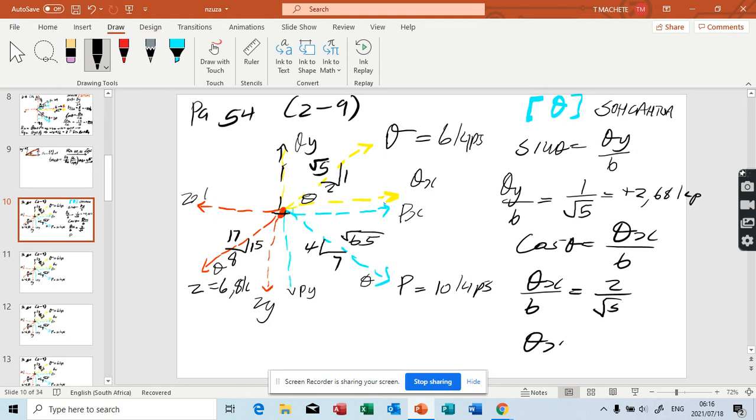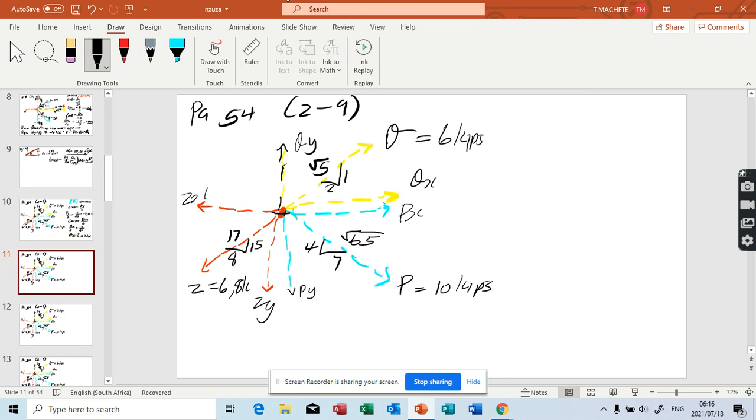Then you get your Qx there. 5.37, positive, right? Okay, sure. Then let's move to the third quadrant, which is our Z.